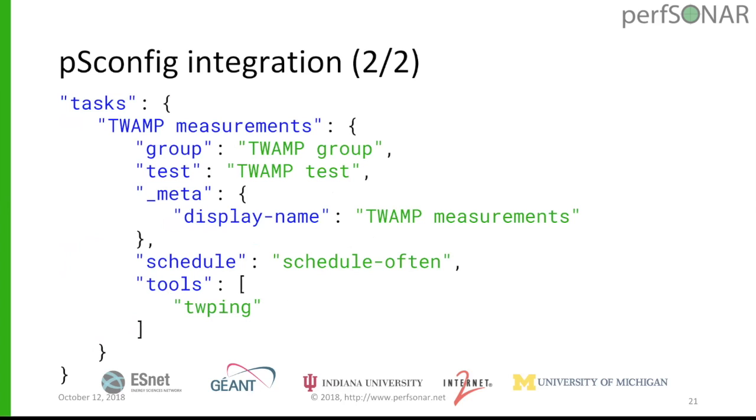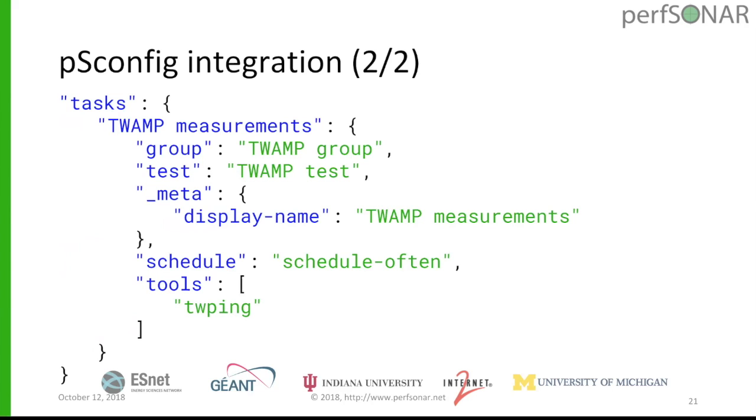And here I call this task a TWAMP measurement. I'm using a TWAMP group, which is a special group that I have defined elsewhere in my pSConfig template. To this group, I apply the TWAMP test, and I tell pSConfig the schedule to use for this run of measurements.